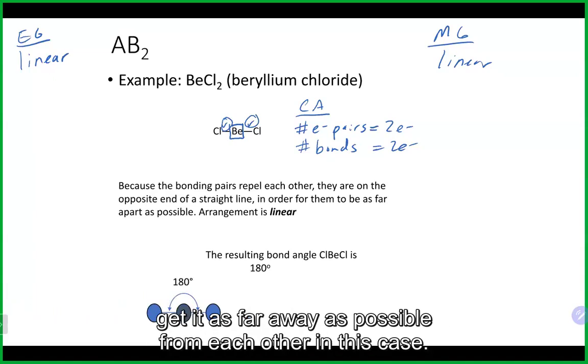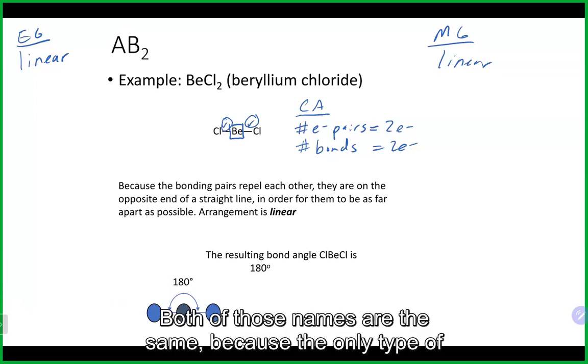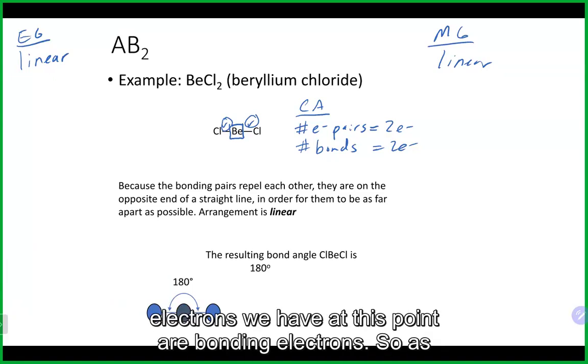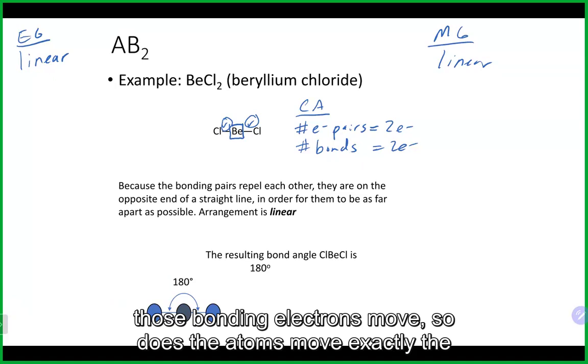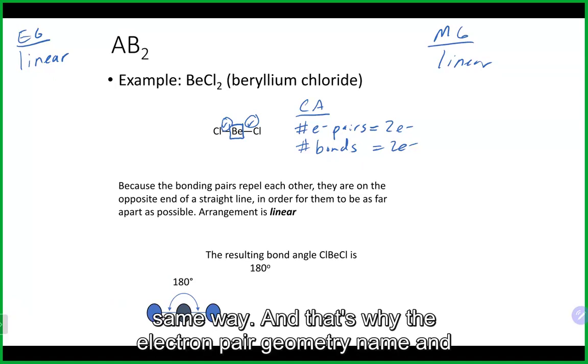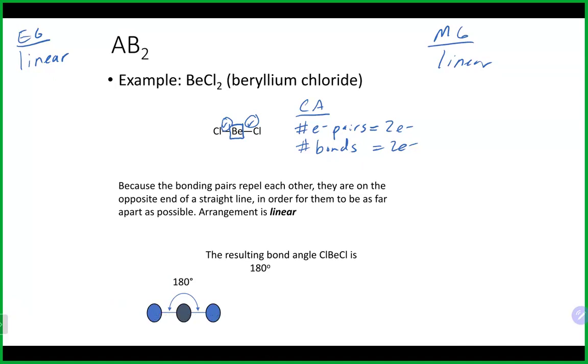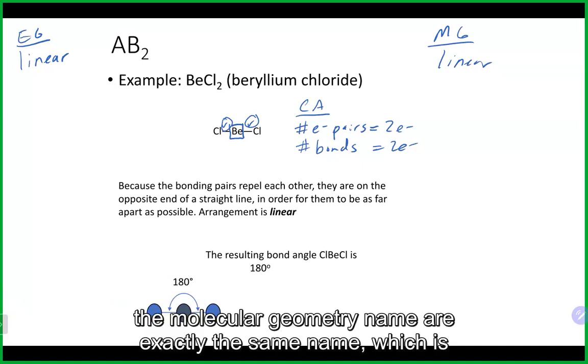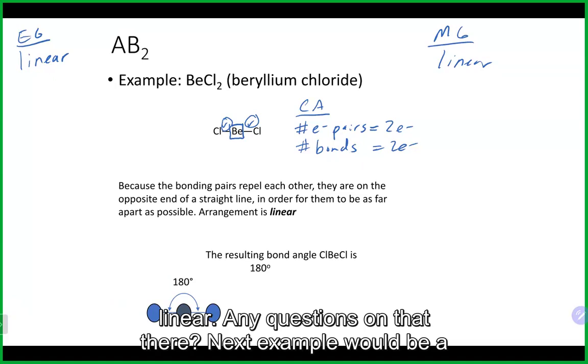They essentially get as far away as possible from each other in this case. Both of those names are the same because the only type of electrons we have at this point are bonding electrons. So as those bonding electrons move, so do the atoms, exactly the same way. And that's why the electron pair geometry name and the molecular geometry name are exactly the same, which is linear. Any questions on that there?